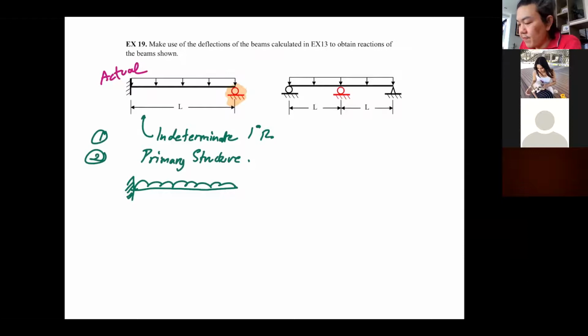We remove one reaction to obtain our primary structure and enable us to analyze the structure. So I remove RB. And when I remove RB, as a result, we now have displacement.